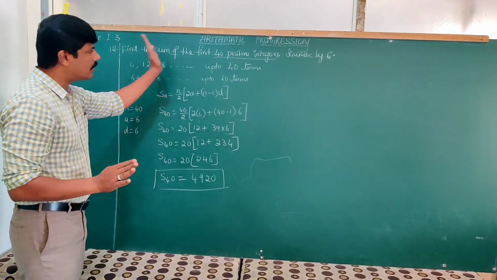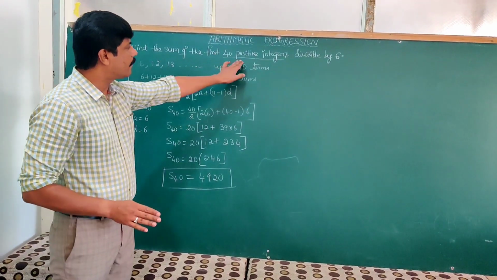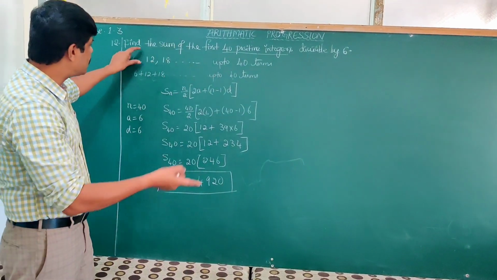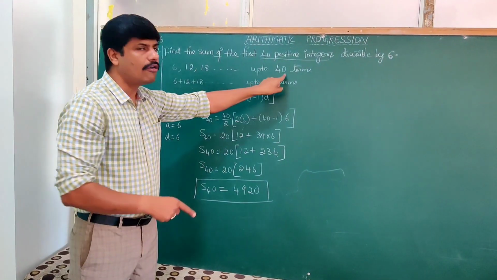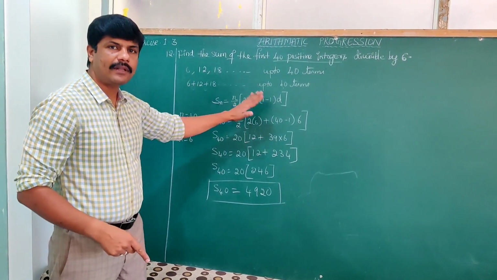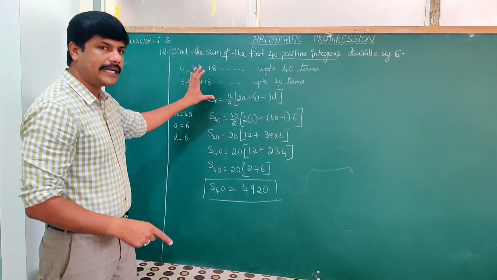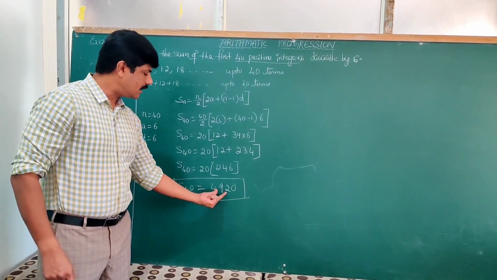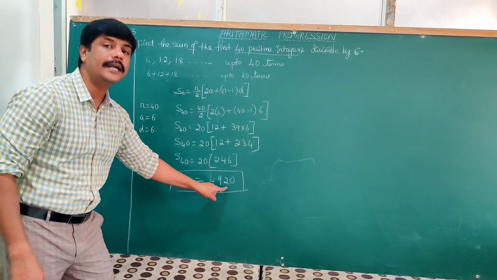Okay, children? Now, did you understand everything? 40 positive integers divisible by 6 means the first term is 6, the next term is 12, then 18, up to 40 terms. Use the Sn formula and substitute the available data, so that you will get S40 is equal to 4920. What is this 4920?